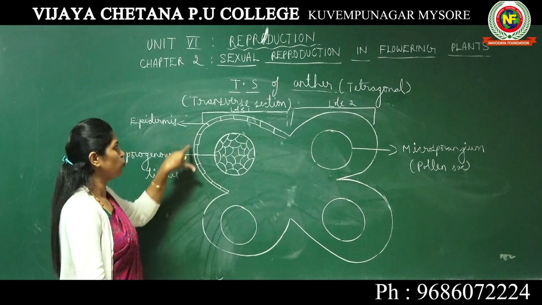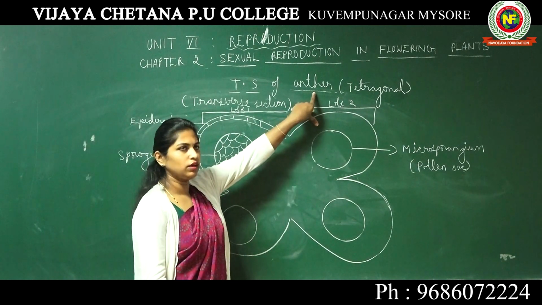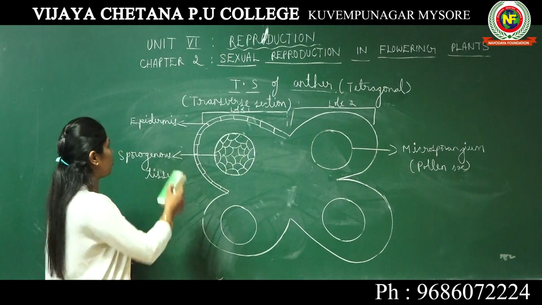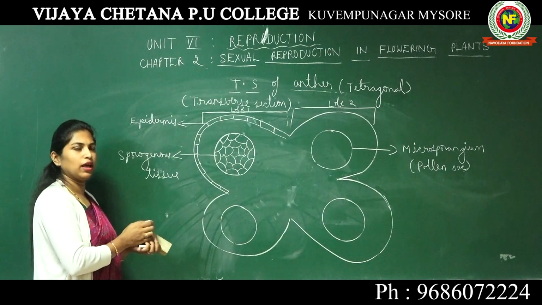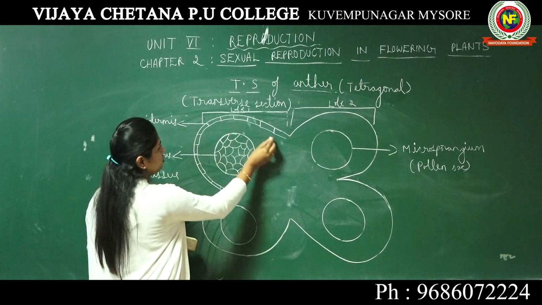Okay, microsporangium has an outermost wall layer. This is the outermost wall layer of the anther. Okay, this layer is called epidermis. Inner to this epidermis, you will find one more wall layer.